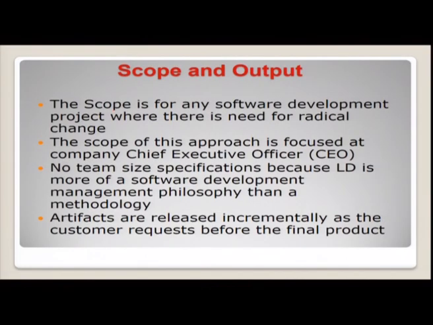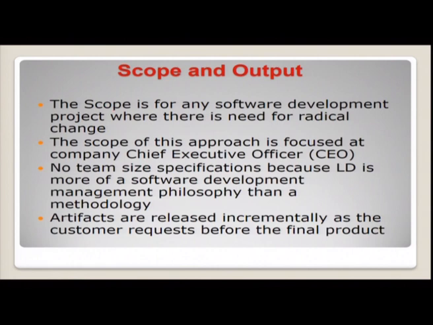Then let us see the scope and output of lean software development. The scope is for any software development project where there is a need for a radical change. The scope for this approach is focused at the company's chief executive officer, the CEO of the company.